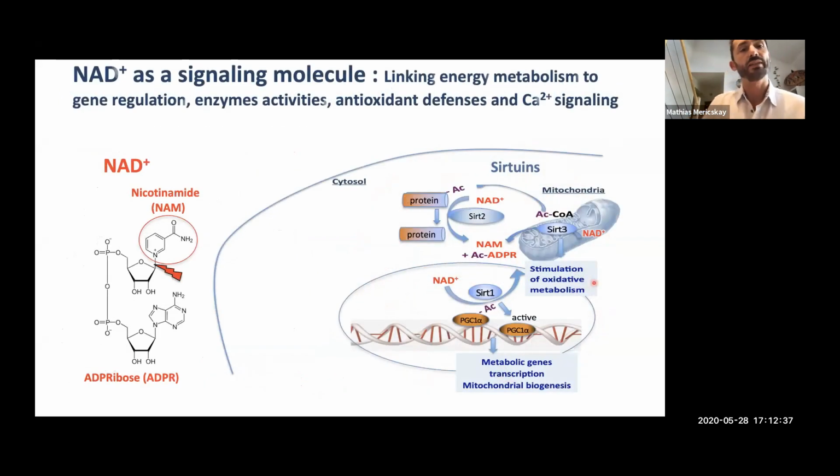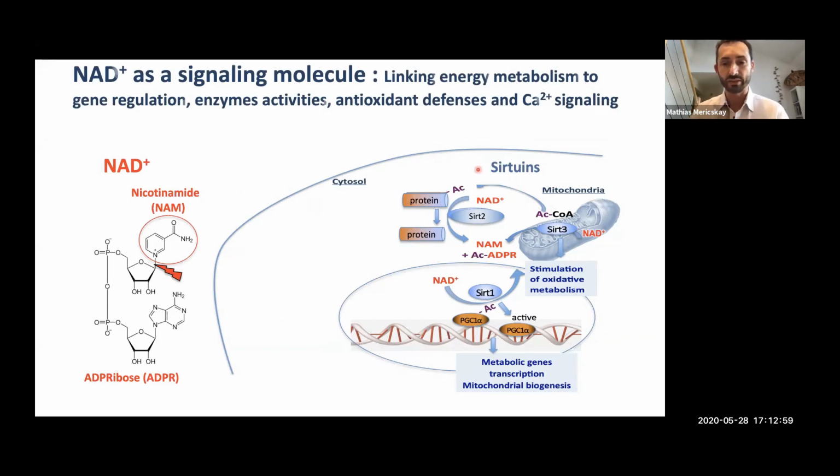So why is that? It's because NAD is used in a very different way by some enzymes which are not redox enzymes, which are more signaling enzymes, using NAD as a substrate rather than a coenzyme. And the most famous of them are probably the sirtuins.